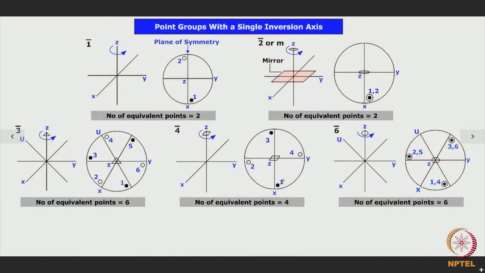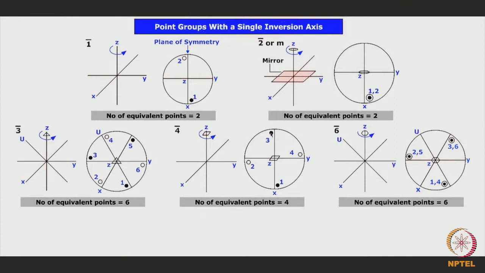So, 1 instead of producing the point 4 actually produces the point 2, and 1 and 2 are at different levels. So, while 1 is shown by a closed circle, it is an open circle for 2. In the second part of the rotation, 2 should have come to 1, but then it gets inverted to the center and comes to the position 3 at a different level.